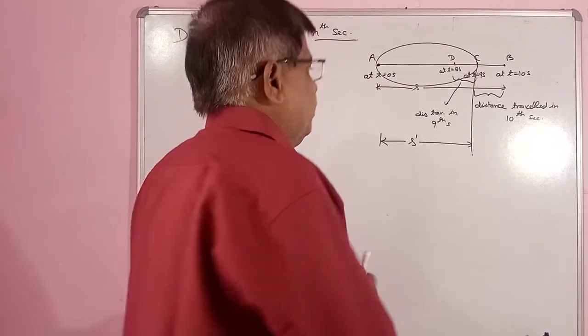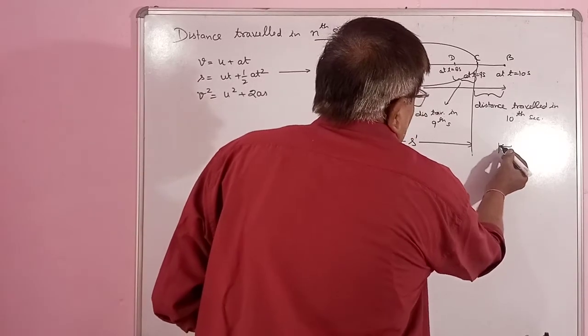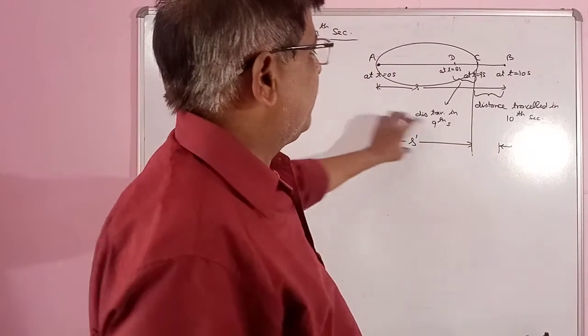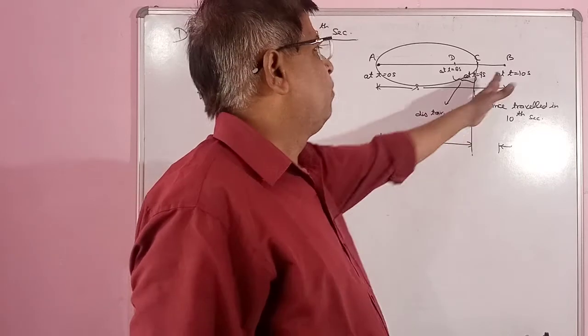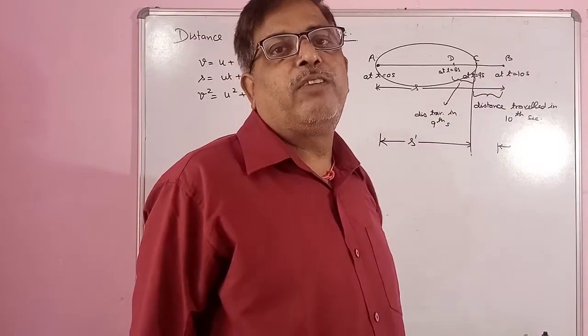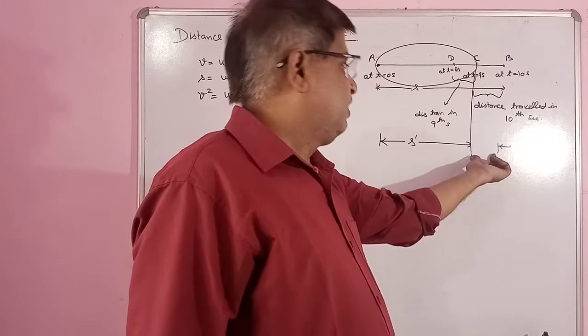I think you can understand the thing. If we subtract this s dash distance from this total distance, then we can find out this distance.